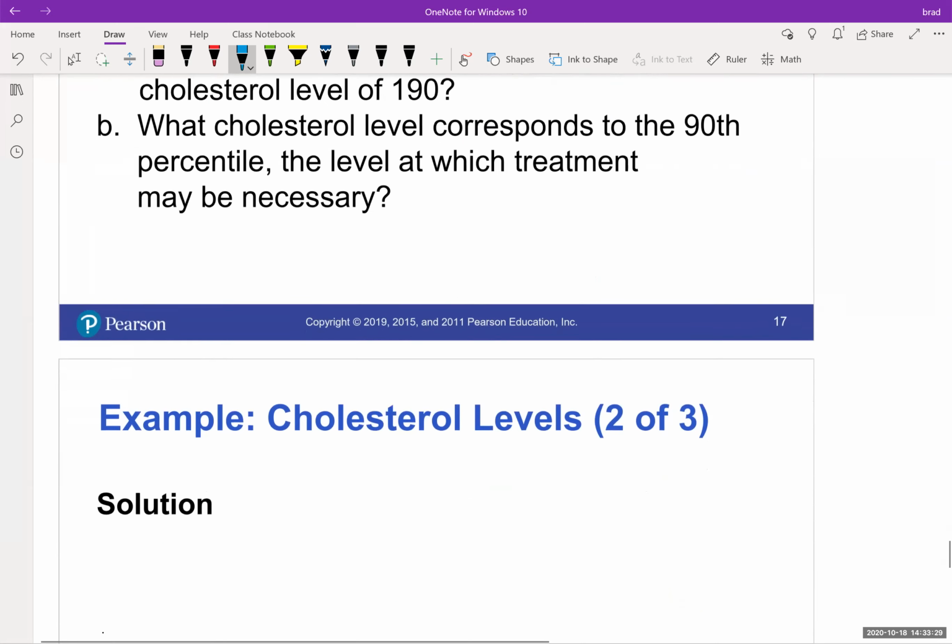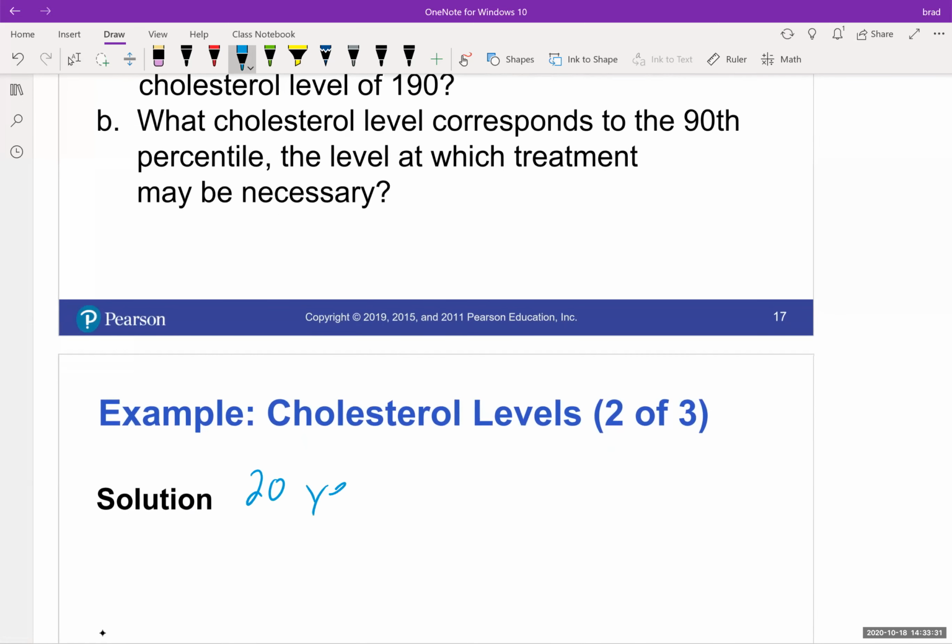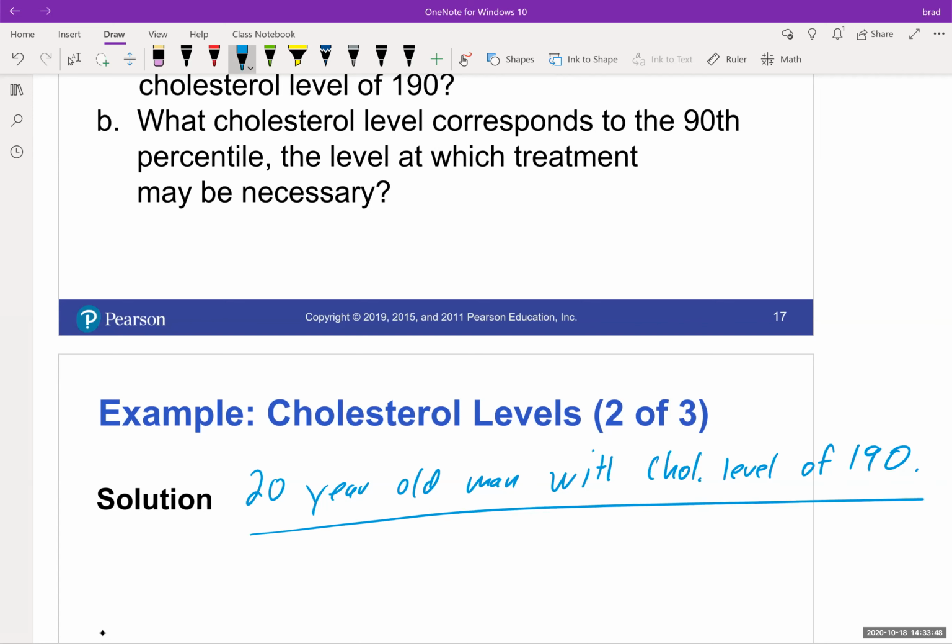So what I'm going to do is, 20-year-old with cholesterol levels of 190. Okay, so let's do this one first. They want to know the z-score for this basically.